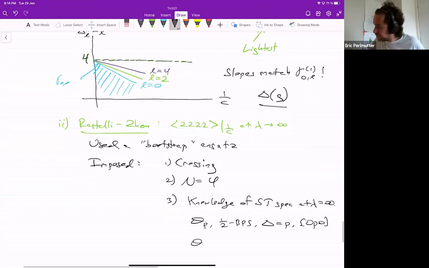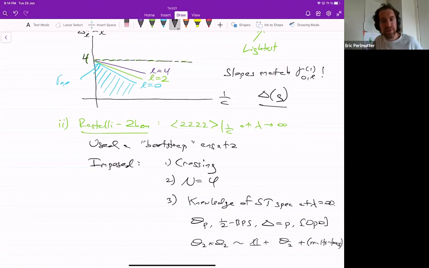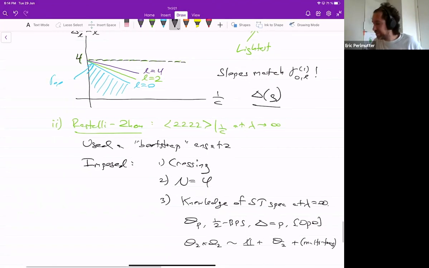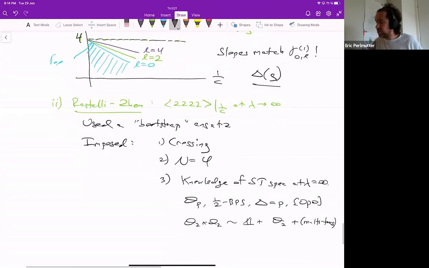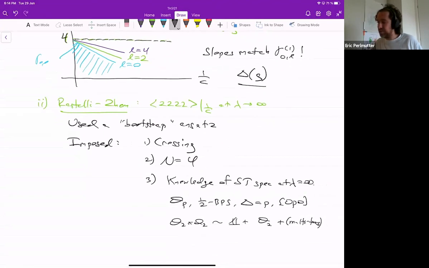But in the O2 OPE, actually this is pretty much overkill. SU(4) selection rules tell you that you just have the identity and then O2, and then multi-traces. No other single trace operators appear. There's some subtlety with O4, but anyway, no other single trace operators appear besides this. And so this strongly constrains the analytic structure of the correlator that one could possibly get.